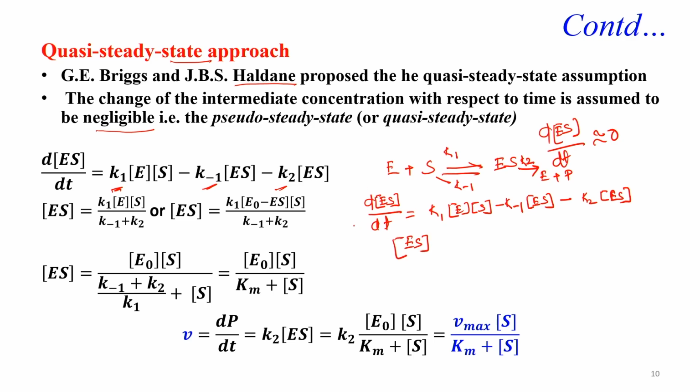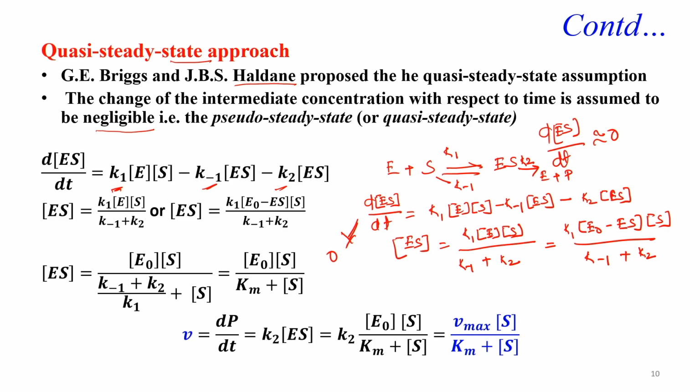So, once this term tends to 0, this becomes ES equals K1 E S divided by K minus 1 plus K2. Now, what it says again here, E will be replaced by E naught minus ES, K1 E naught minus ES divided by K minus 1 plus K2.